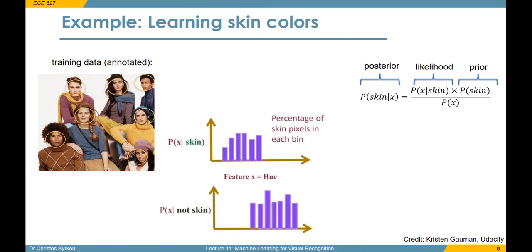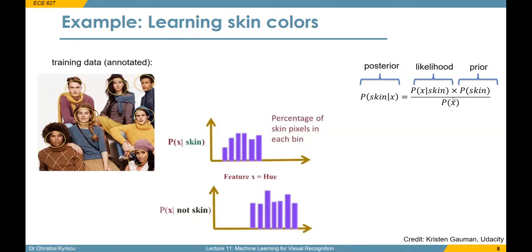So what we are looking for, however, is this: the probability that, given the hue value, it's skin or not. And we can find it out using the Bayes rule. The posterior that we want to find is equal to the likelihood, which is the probability of a particular hue value given that it's skin, multiplied by the probability of having skin.